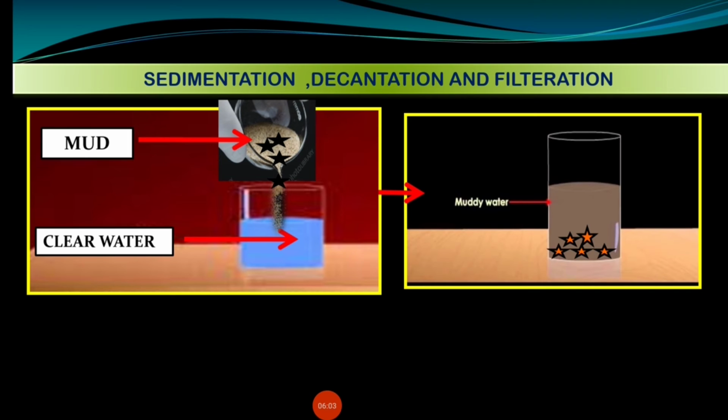Now the next methods are sedimentation, decantation and filtration. First we will discuss sedimentation and decantation. Sedimentation is the process of separation of insoluble solid from the liquid. When the solids are heavier than the liquid, if we allow such a mixture to stand for some time, the solid tends to settle down and the liquid forms a clear layer at the top.